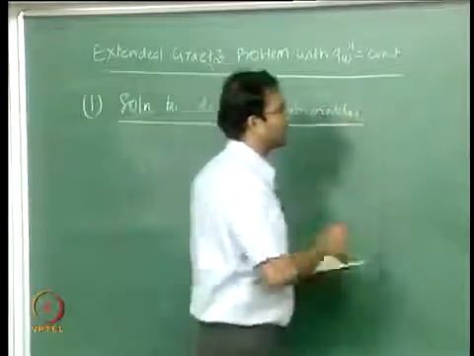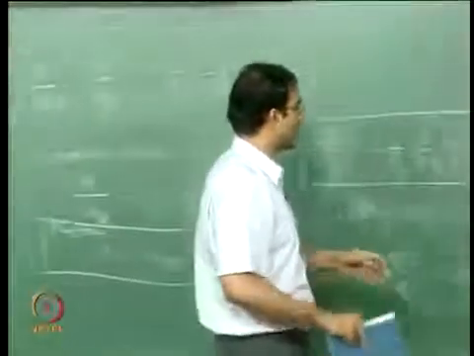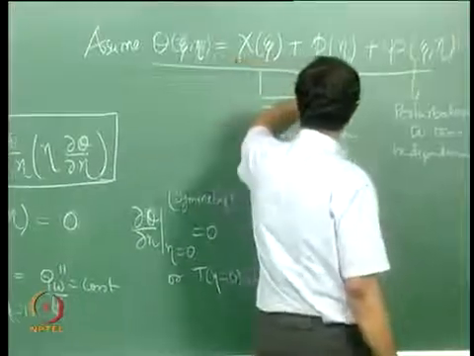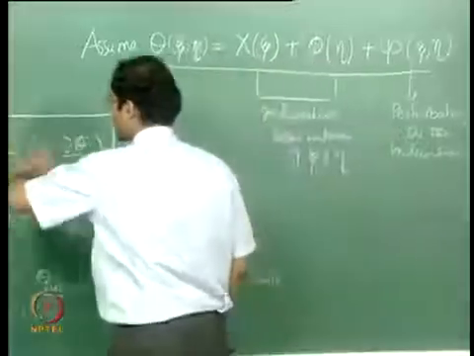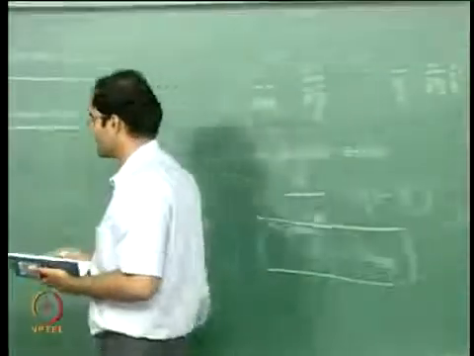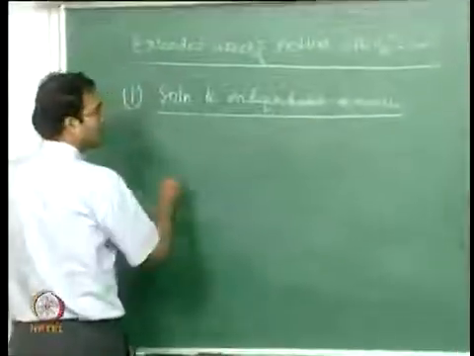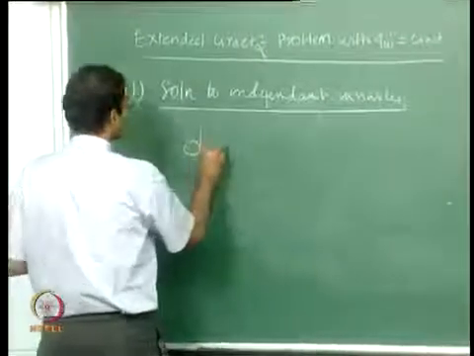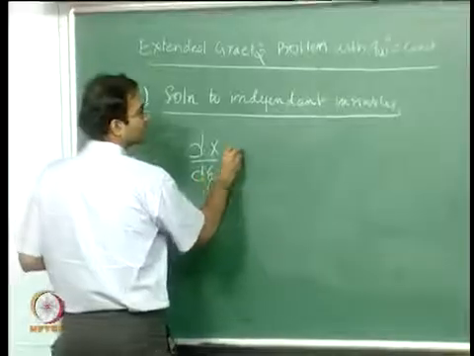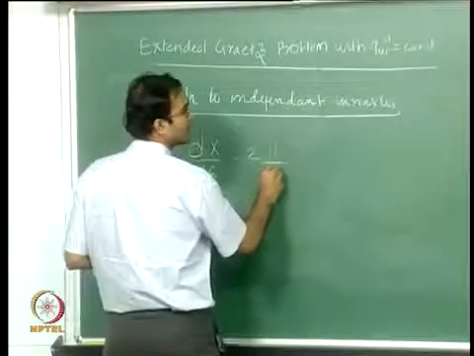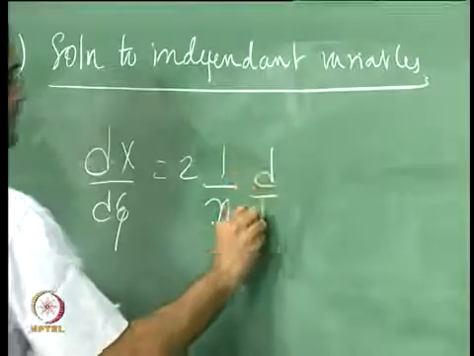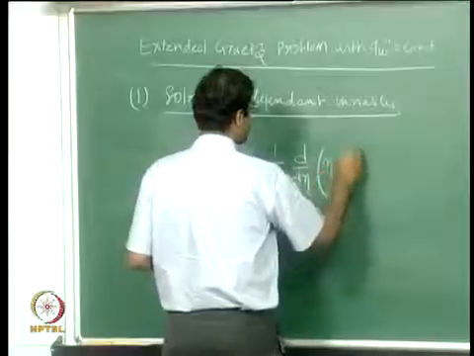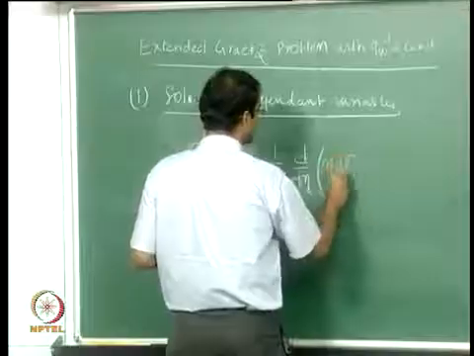First, I say that I have a problem. Now I can substitute X of zeta and phi of eta separately, and it will satisfy this in such a way that you should have dX by d zeta equal to twice 1 by eta into d by d eta of eta d phi by d eta.